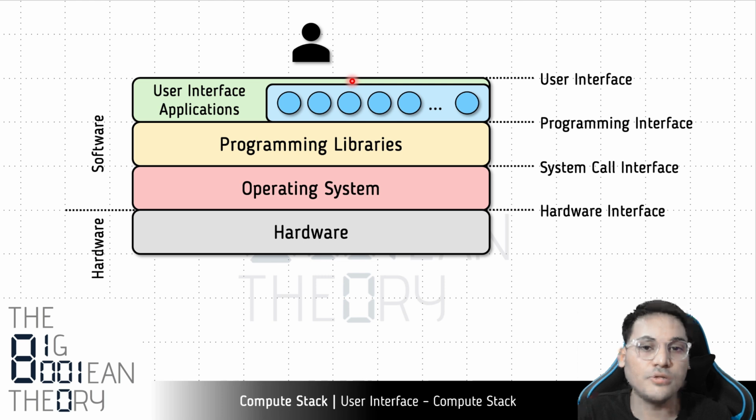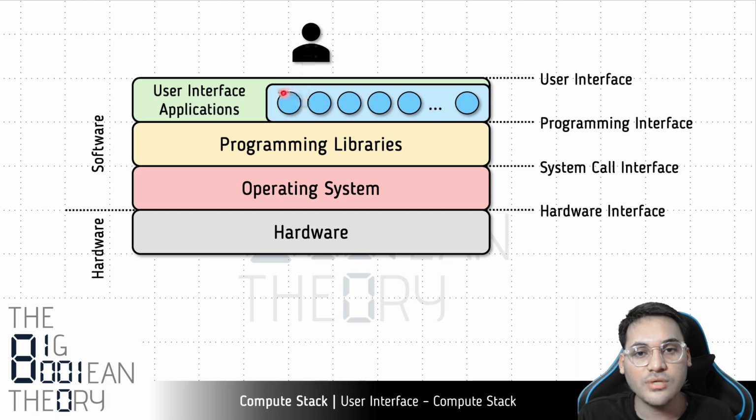What is this trying to show? It is trying to show that these applications act as an intermediary between the user and the user applications. Since they allow the user to launch these applications and use them, the kind of user interaction and experience that the user will have highly depends on these interface applications, right?